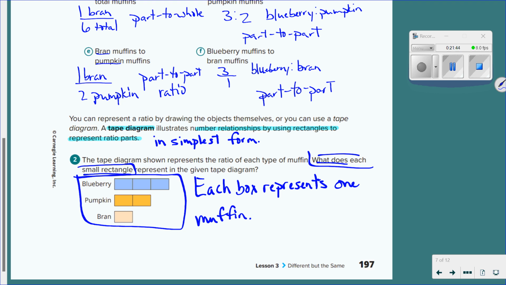Make sure I get it in simplest form. Then I'll draw my tape diagram. Because like some of the earlier examples, do I want to do 25 boxes of blueberry and 20 boxes of whatever the other one was? No. I want to do the 5 or 4. Any questions on the tape diagram so far?